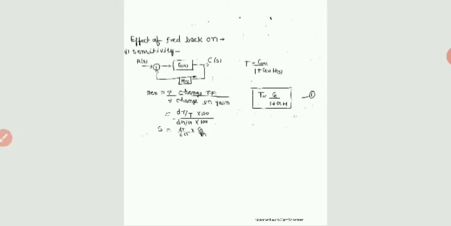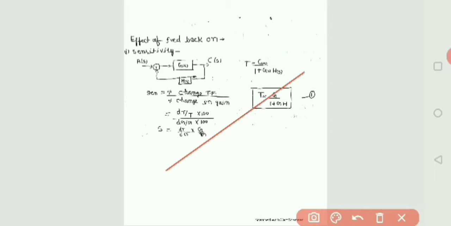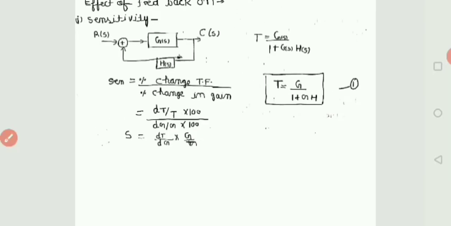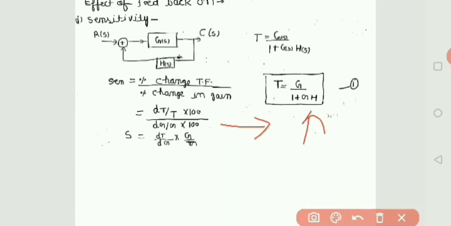So we can define it as del T over T upon del G over G. G is the gain and T is the transfer function, and we know that our transfer function is equal to G over 1 plus GH. After solving, we get sensitivity equal to del T over del G into G over T. So we need to find the value of del T over del G.